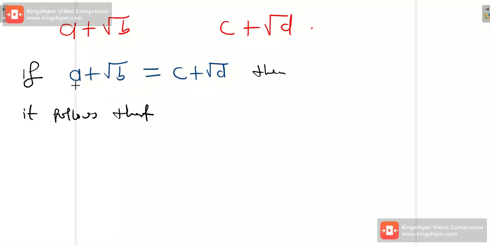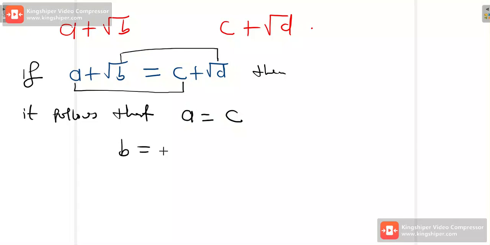That is, a and c have to be the same, so a should be equal to c. Then the irrational part, that is the set part, has to also be the same, and that is going to be b should be equal to d. These are the two conditions that we are going to build on.